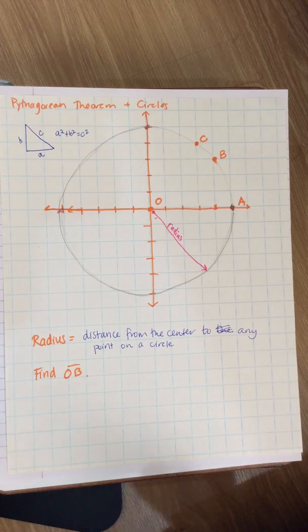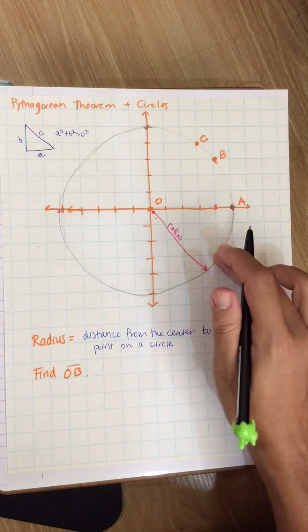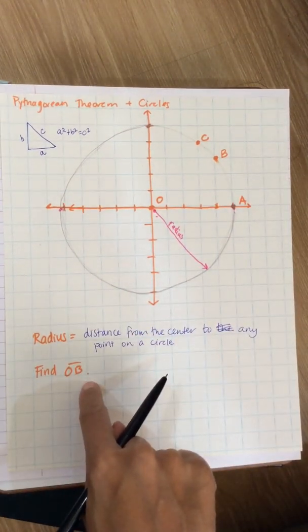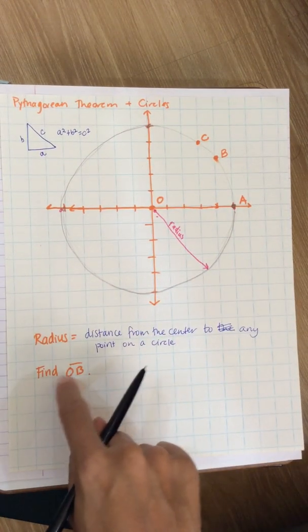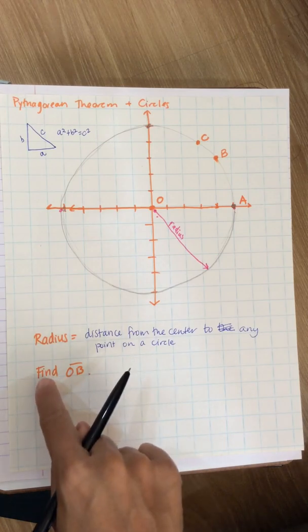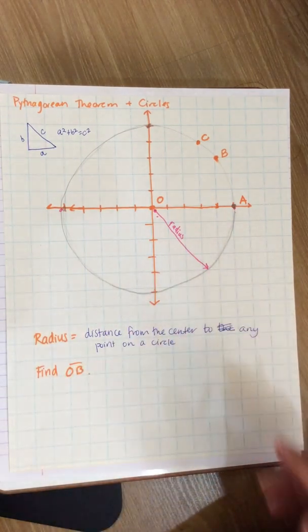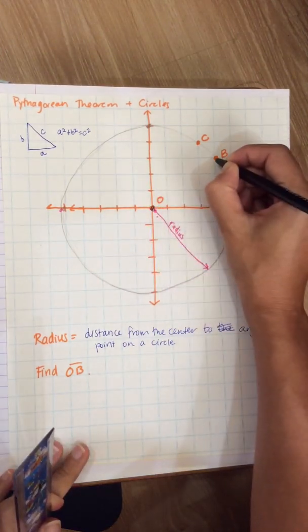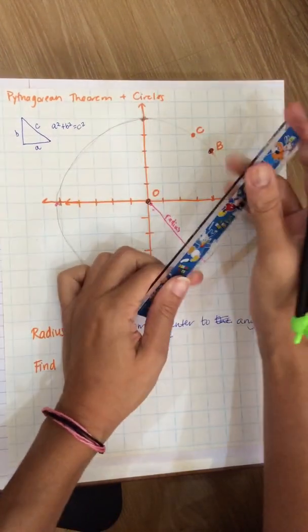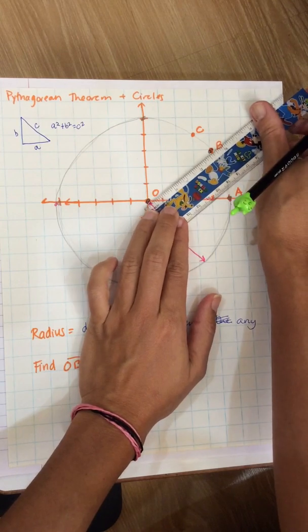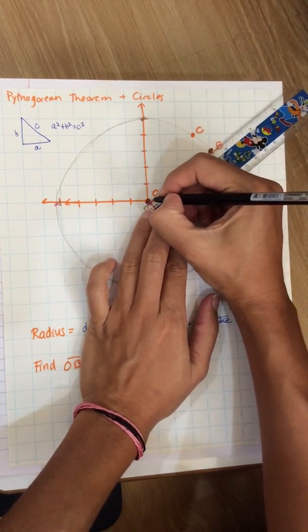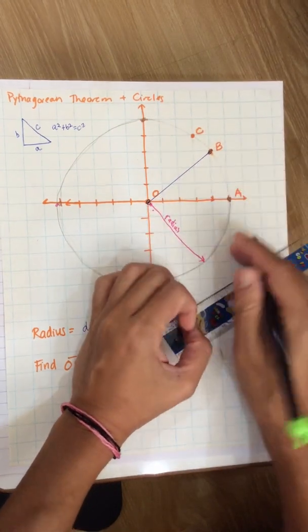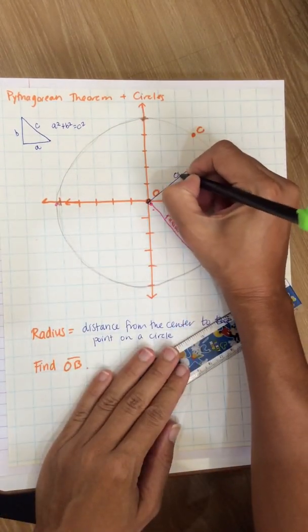So we're going to use the circle and the Pythagorean theorem to find these different lengths, or different radii. The first one says find OB. What that means is, here's O, here's B. They're asking us to find the length of that line, the radius that connects O and B. So this is line OB.